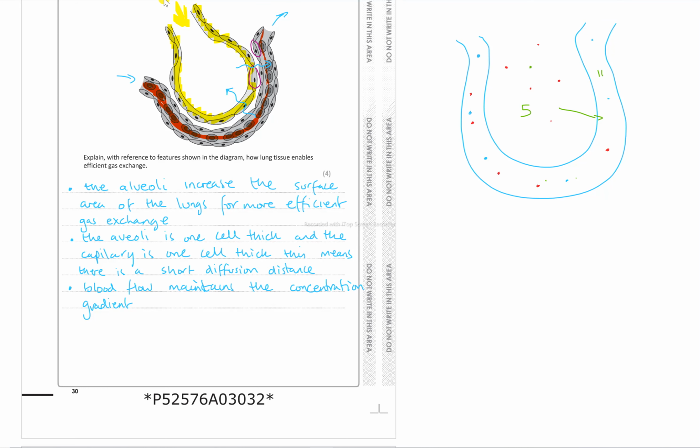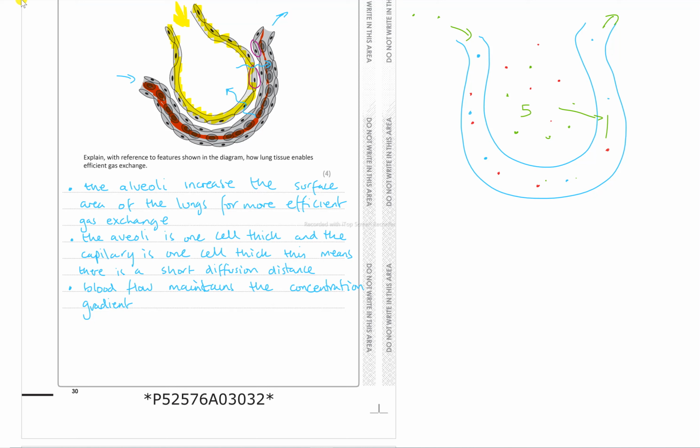Even if you breathe in again, the concentration gradient's the same, so there's going to be no diffusion or little diffusion. Now, as the blood is flowing, blood with low oxygen levels coming in, and the one that's got more oxygen is moving out.